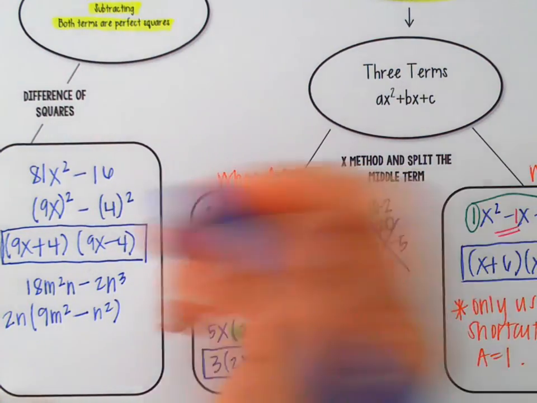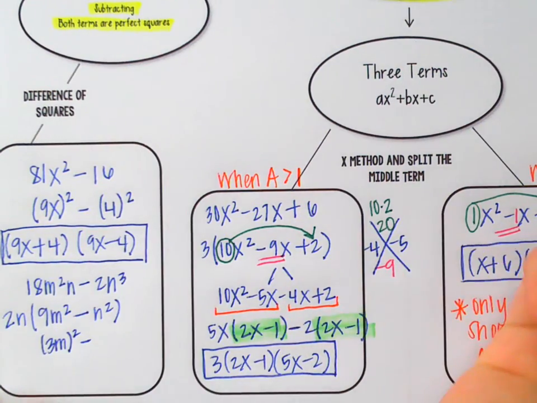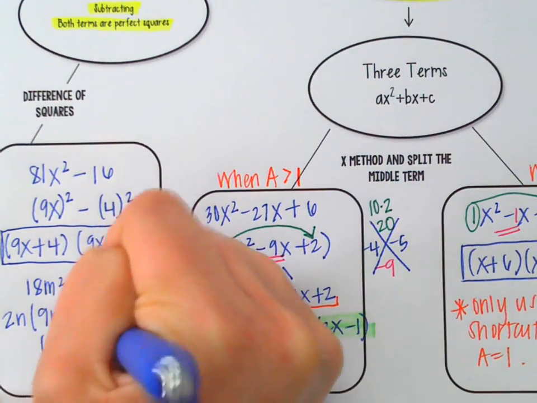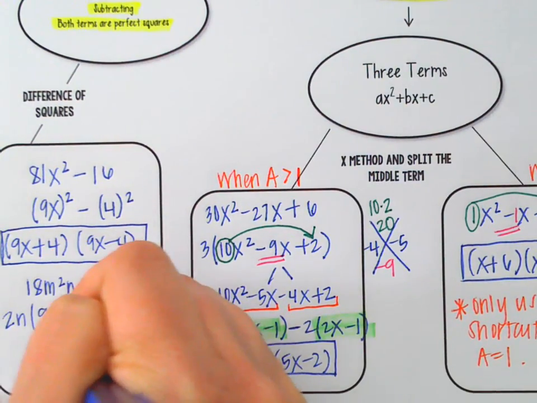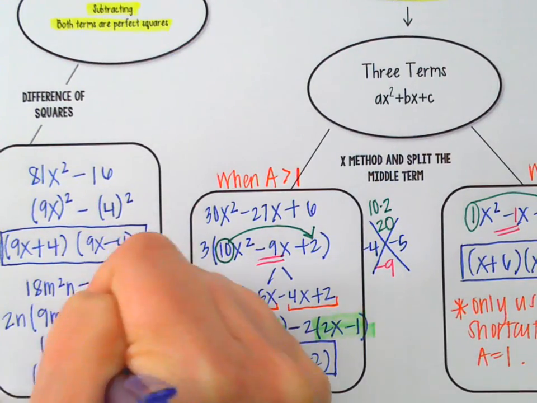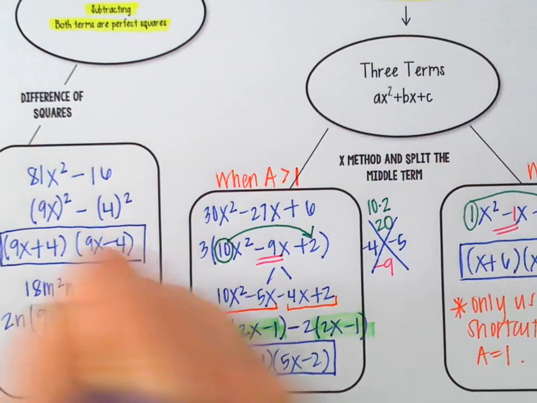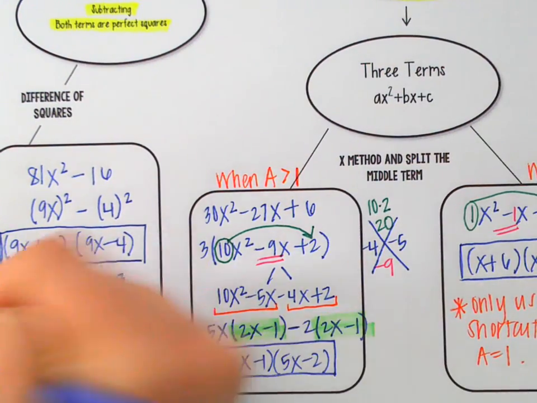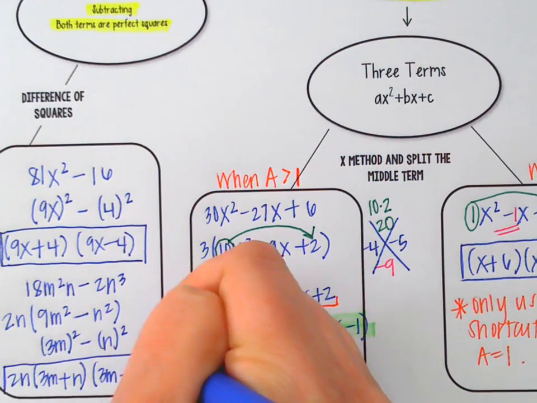Square root of 9m squared is 3m, and the square root of n squared is n. So then I can write my two parentheses, 3m and 3m, and then n and n, one's plus, one's minus, and then don't forget to bring down your GCF, and that is your final answer.